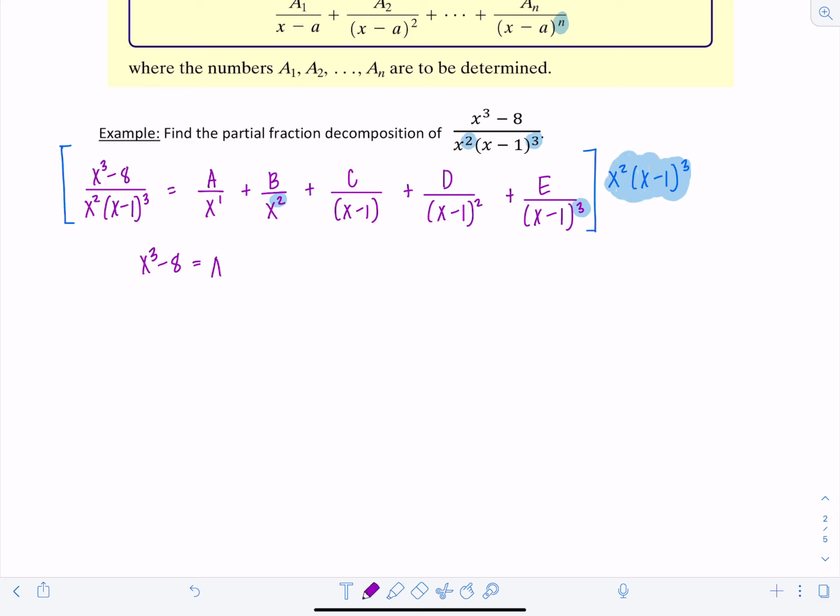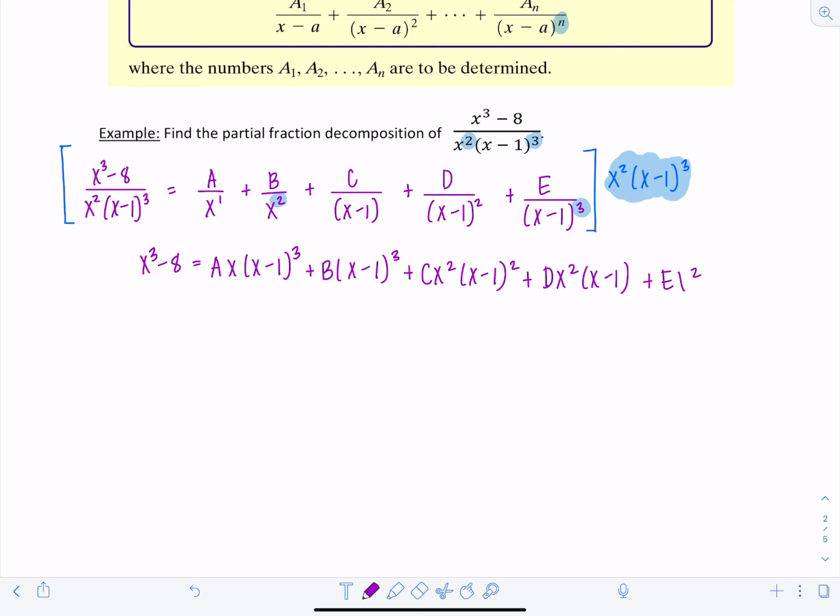So I'll have ax, x minus 1 cubed, plus the next one's going to be b times x minus 1 cubed. The x squares cancel. Plus, then I have cx squared times x minus 1 squared, plus dx squared times x minus 1, plus ex squared.